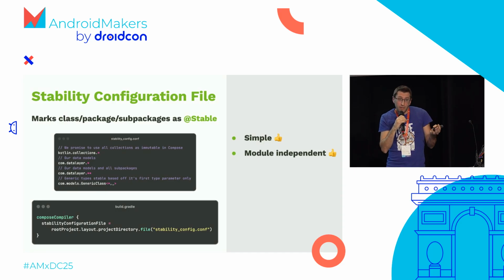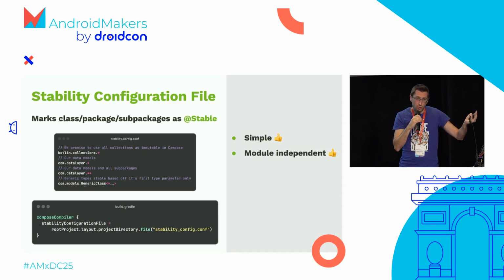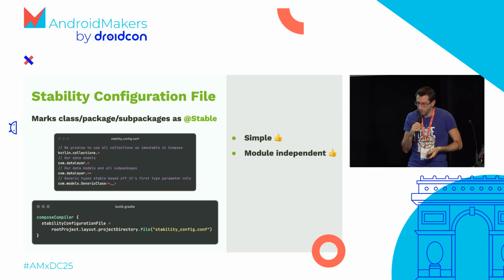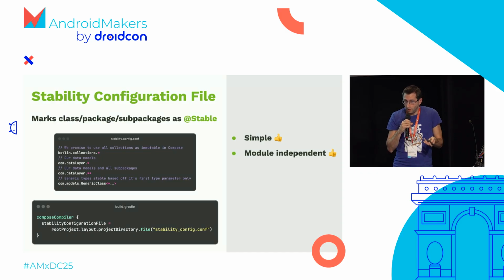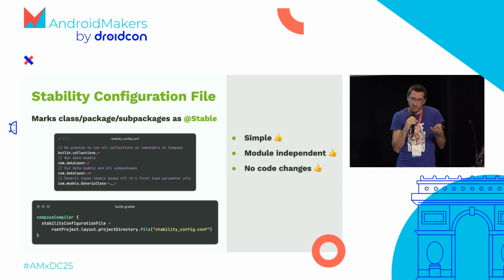It is module independent. I don't know if we add 20 more modules in the app or we start splitting them, joining them, refactoring because we want. It doesn't affect this, or you can add things here without actually changing the rest of the structure of your application, which is very good. And finally, there are no code changes, so that's great because Compose should not be affecting all the things of your code base.